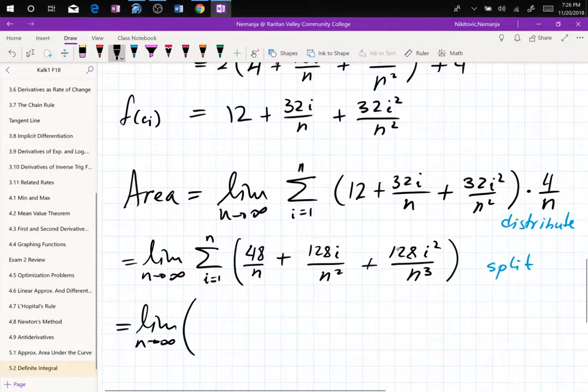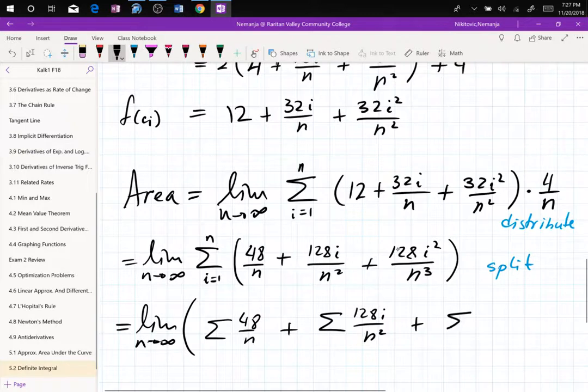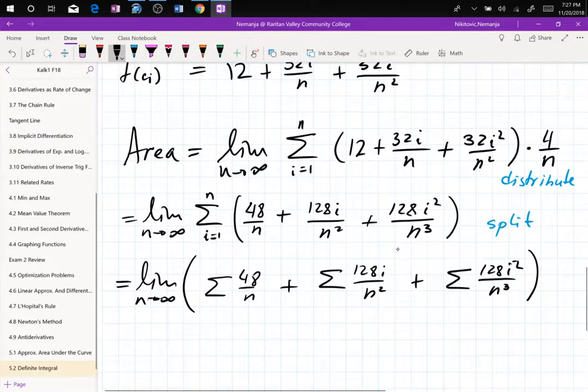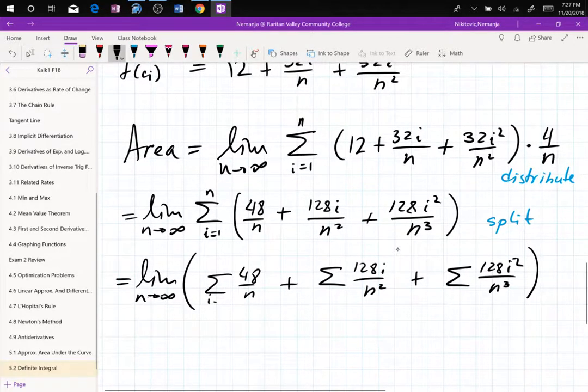And now in parentheses I have a summation of 48 over n plus summation of 128i over n squared plus summation of 128i squared over n cubed. There we go. Each one of these is i starts at 1 goes to n, right?